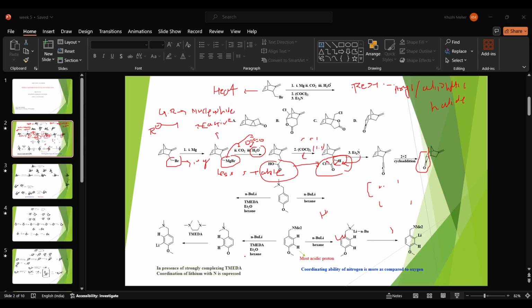But in this case we have two different conditions, and in both cases we have two different kinds of hydrogen.